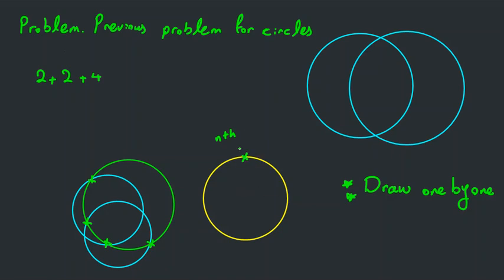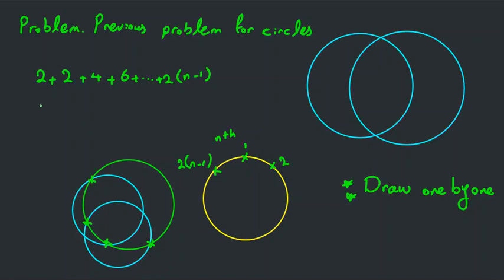It passes each of the previous circles in 2 points. Pause the video and try by yourself first. 1, 2. But how many circles are there? n minus 1. So 2 times n minus 1. So the next one is 4, the next one 6, up to 2 times n minus 1.